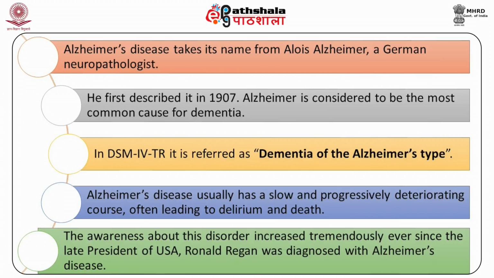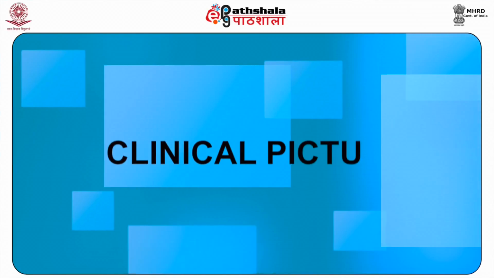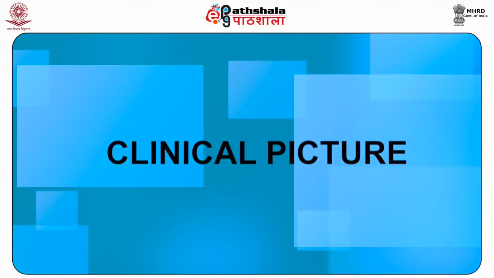Alzheimer's disease usually has a slow and progressively deteriorating course, often leading to delirium and death. The awareness about this disorder increased tremendously ever since the late President of the USA, Ronald Reagan, was diagnosed with Alzheimer's disease.